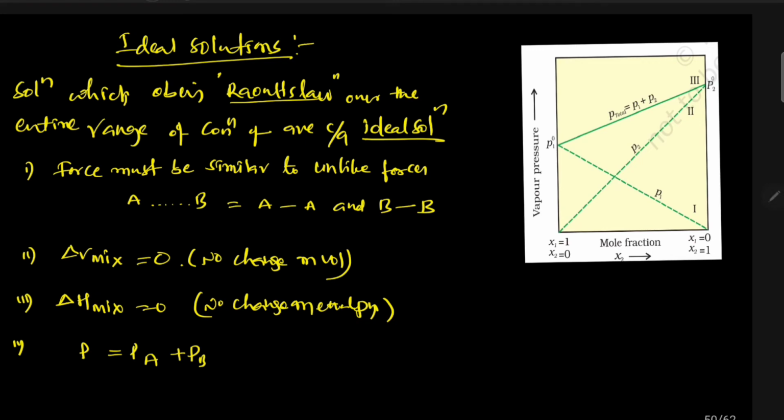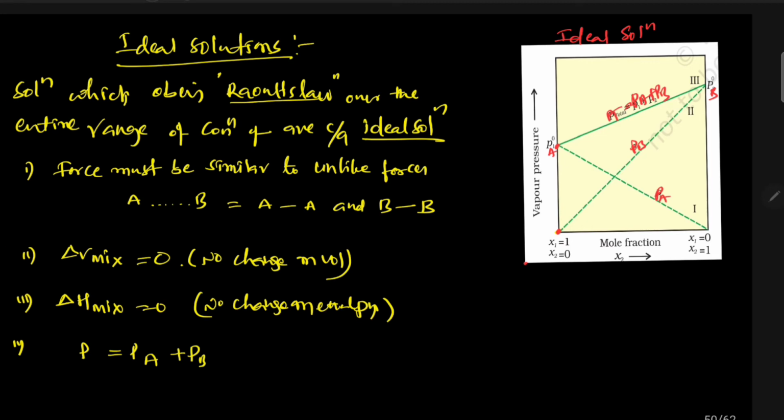At chi1 equal to 1, PA is the vapor pressure of pure component A, and P0 is the vapor pressure of pure component B. The total pressure of the solution equals PA plus PB. This is the ideal solution graph.